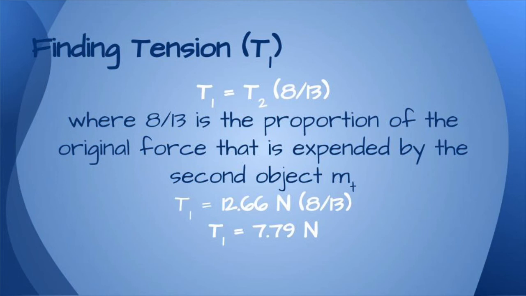So our first tension is equal to 8/13 of the tension, and 8/13 is the proportion of the original force that is expended by the second object, which is the mass of our turtle. The second tension is 12.66 newtons. If you multiply that by 8/13, you get a final answer that the first tension is equal to 7.79 newtons.